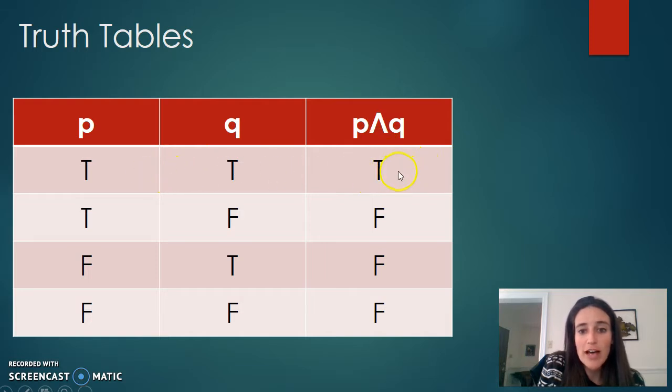So we get a true value for row 1, but because Q is false in row 2, P is false in row 3, and in row 4 both are false, the combination of those things must be false. So think of your and symbol as both. We need both statements to be true for P and Q to be true.